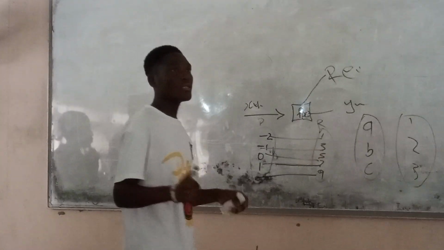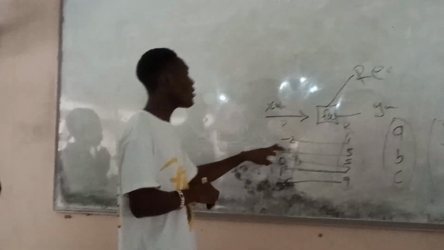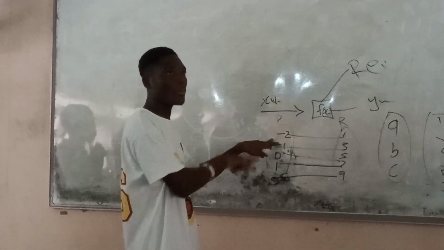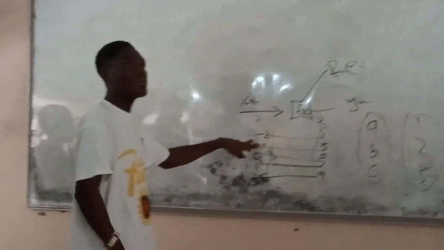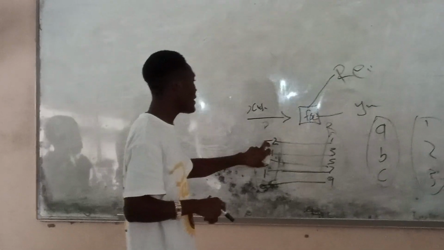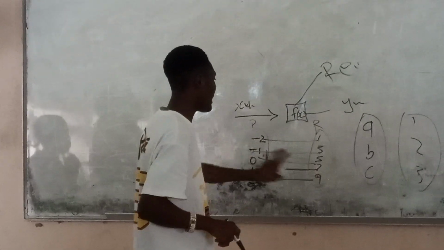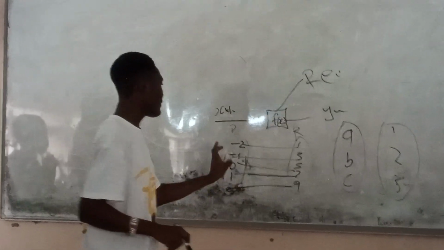What they are trying to say is that for a relation to be an effective mapping, all the elements in the domain must be mapped out first. For it to be injective, all the elements in the domain must be mapped out once. So let me say it like this: it is a function and it's a surjective mapping. All the elements in the domain must be mapped out.